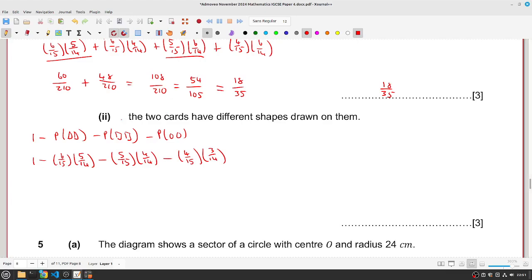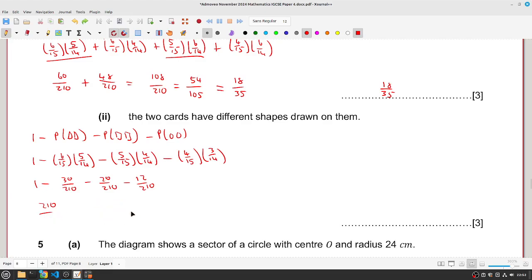Okay, so 1 minus 6 times 5 is 30 over 210. Minus 5 times 4 is 20 over 210. And 4 times 3 is 12 over 210. So 1 is the same as 210 over 210. Okay, so 210 minus the 30 minus 20 minus 12 over 210. Okay, I actually shouldn't write it like that.